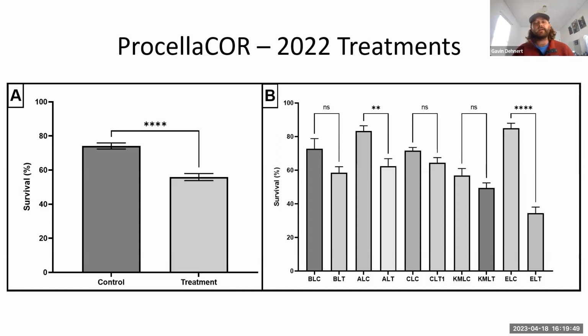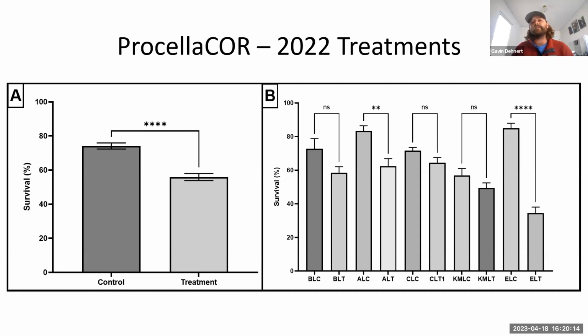In short, our first findings, and we're still working through this, are that when we compare all of our control lakes to all of our treatment lakes, we again see a decrease in survivorship, somewhere in the range of about 15 to 20%, which is less than it was for 2,4-D, but still something to potentially explore.